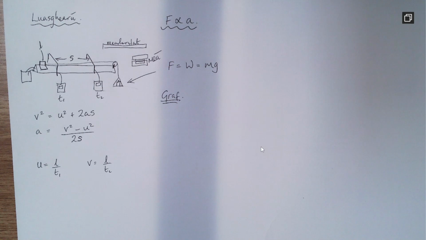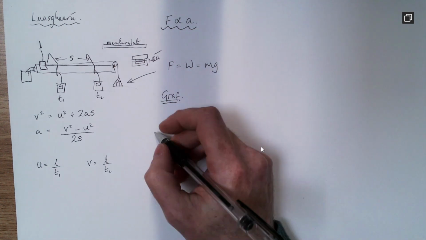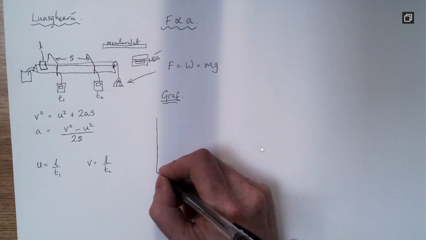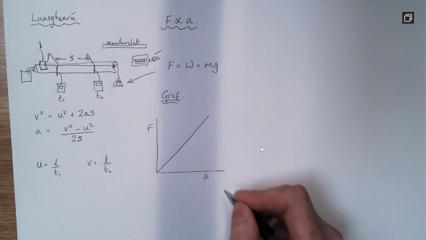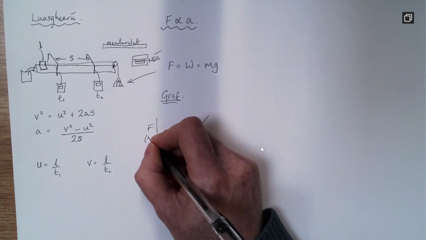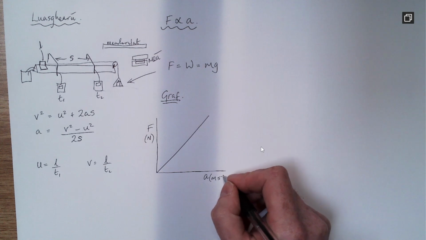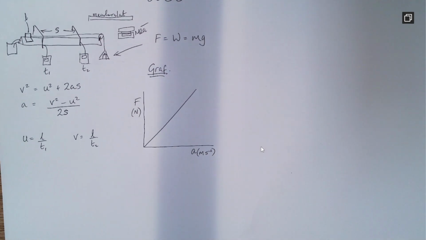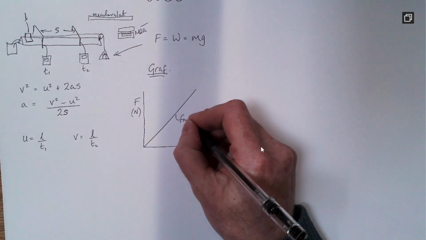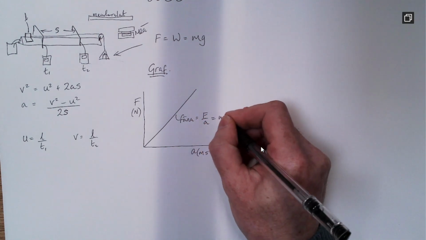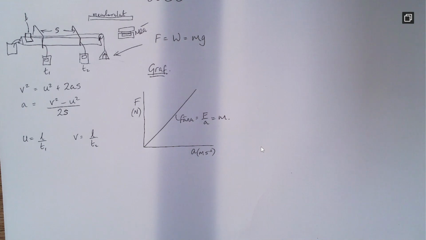Just because the unit of acceleration has to be meters per second squared, and force in newtons. Now the graph is a straight line through the origin, a proportional function. Force is measured in newtons, acceleration in meters per second squared. The straight line through the origin is a proportional function, where force equals ma, the gradient being the mass of the trolley. Right, and that's the experiment.